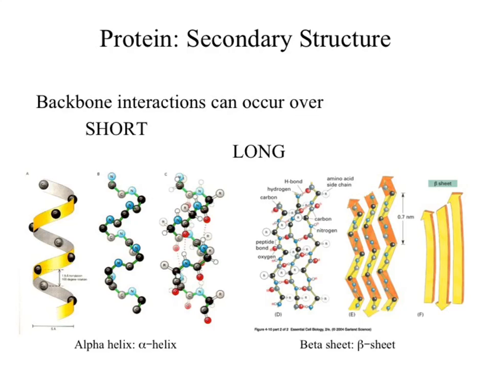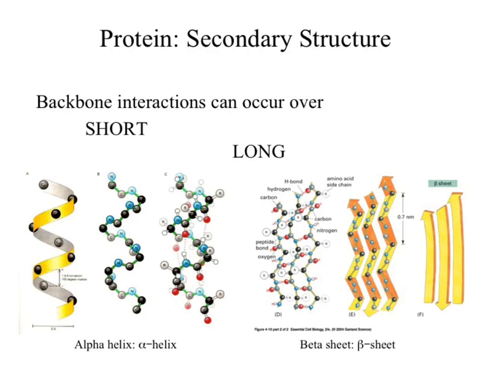There are a lot of examples of protein secondary structure. Our backbone interactions: it's how the individual backbone, which is why you're seeing the ribbon here, interacts. If it interacts over short distances, like we were alluding to with that previous example, those short distances are going to result primarily in alpha helices, because we're looking at the backbone interacting relatively close to it.